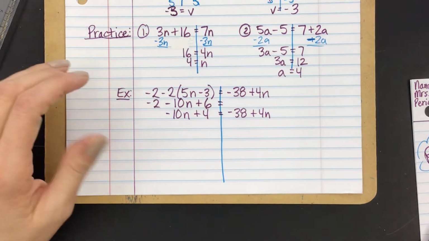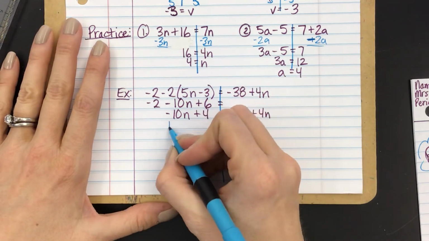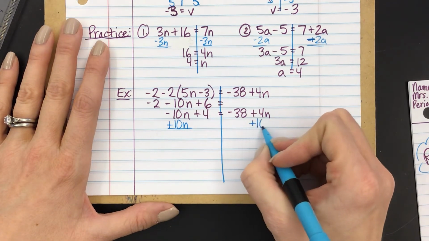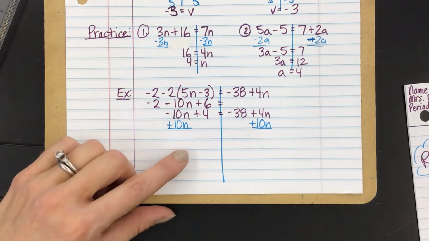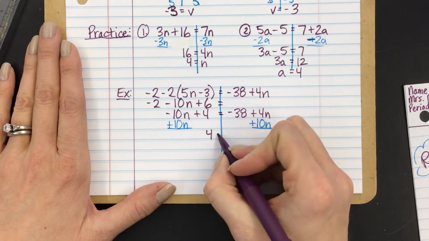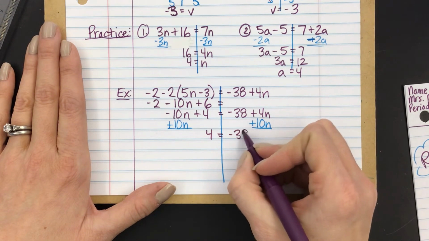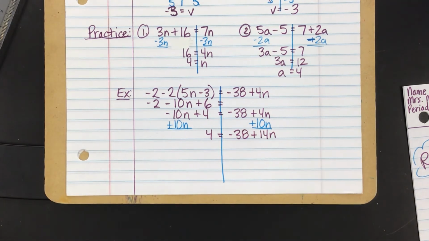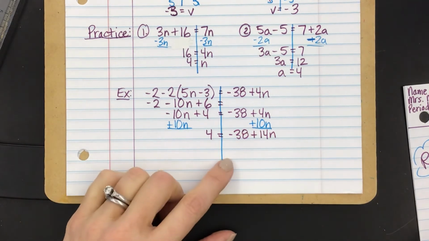I like my positives, so I'm going to add 10n. This will cancel out, and I'll be left with 4 on this side. And negative 38 plus 14n on the other side.